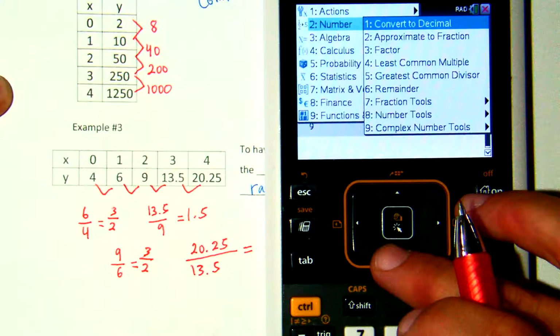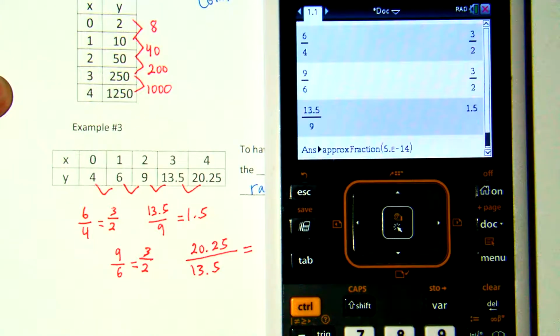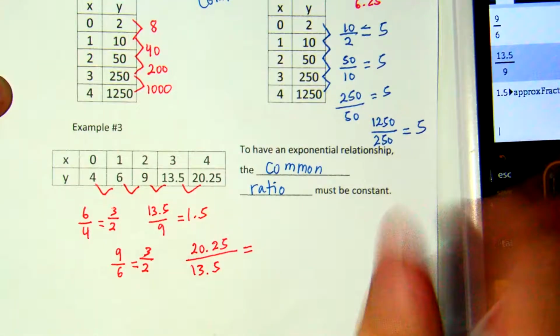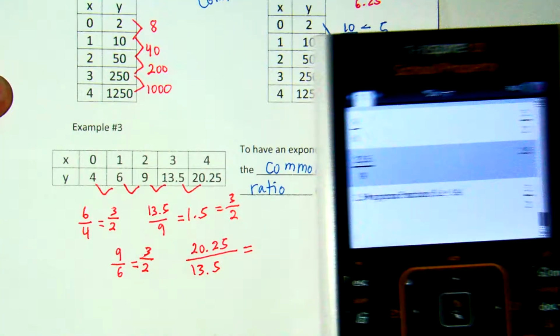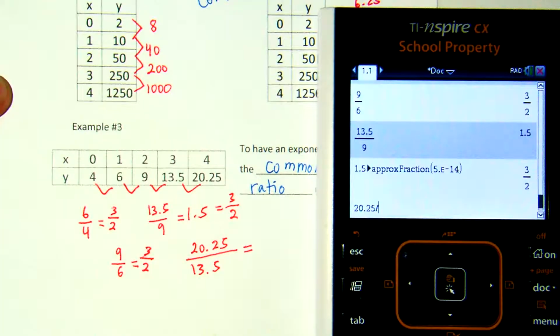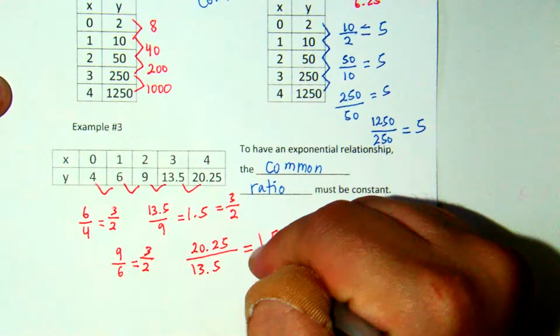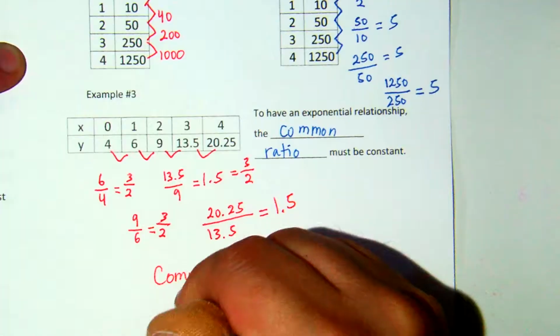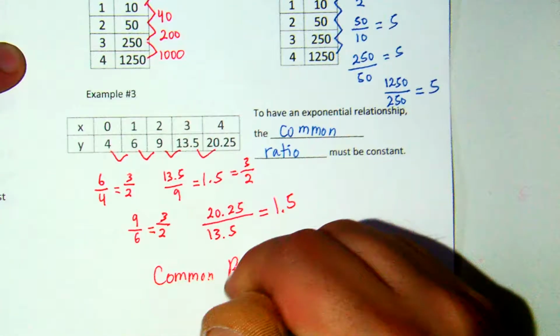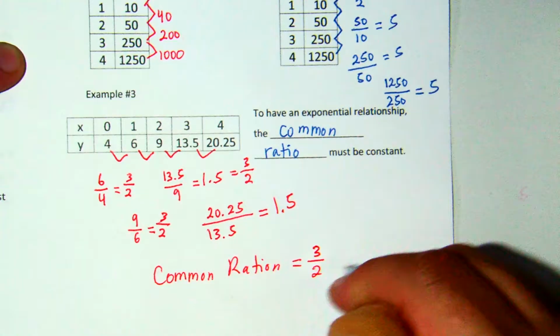By choosing this, I can take the 1.5, my previous answer, and turn it into 3 halves. And the last one, 20.25 divided by 13.5, we get 1.5 again. So this table has a common ratio equal to either 3 halves or 1.5.